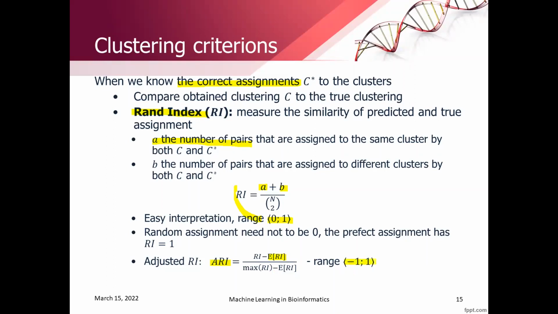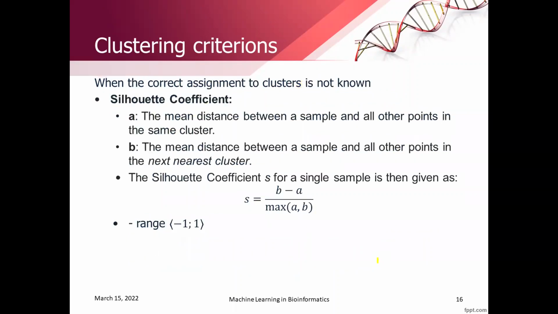This adjusted rand index has a range of values between -1 and +1, and the random assignment produces approximately 0. Okay, we will not spend much more time on it.